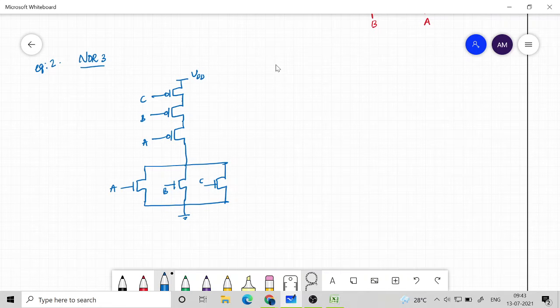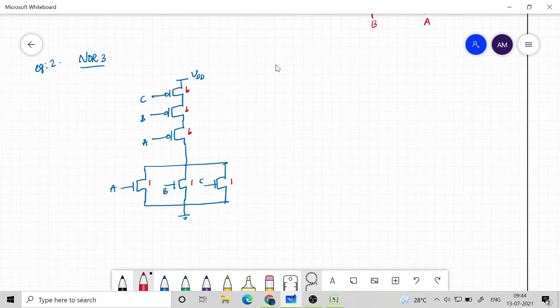Now what will be the sizing? If you look at the sizing, this will be 1, 1, 1, and what will be the sizing here? It will be 6, 6, 6. I'm not going into the details because we have discussed earlier how to find the sizing of transistors, and the sizing will decide your resistance and capacitance of individual transistors.